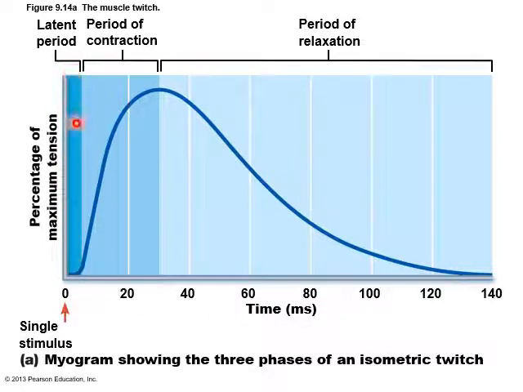Well, here's what's happening. The action potential is coming down the nerve fiber, gets down to the axon terminal, opens up calcium channels. The calcium channels make those little vesicles filled with acetylcholine fuse with the axon terminal membrane. Acetylcholine is released by exocytosis, goes across the synaptic cleft, binds to acetylcholine receptors, opens up sodium channels.